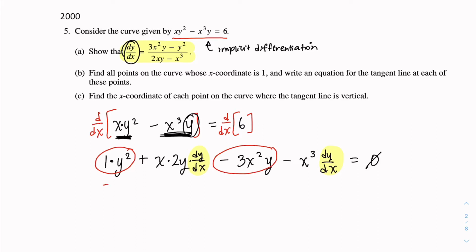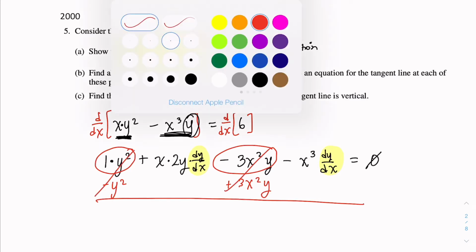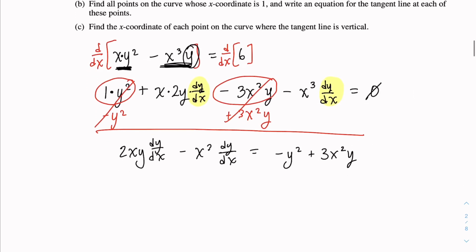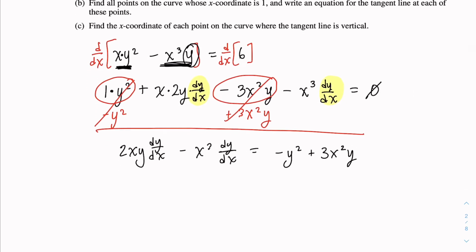So I'll move the y squared by subtracting it, and I'll move the minus 3x squared y by adding it. Once they cancel, we're left with 2xy dy dx minus x cubed dy dx equaling negative y squared plus 3x squared y.